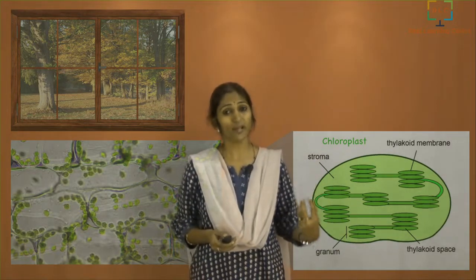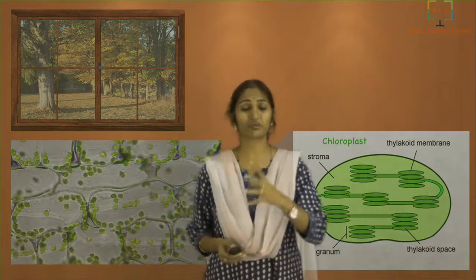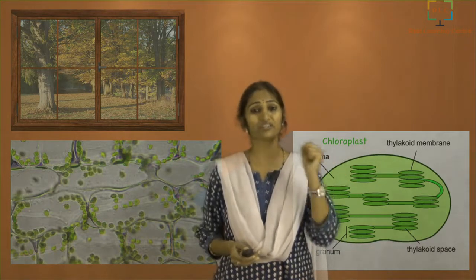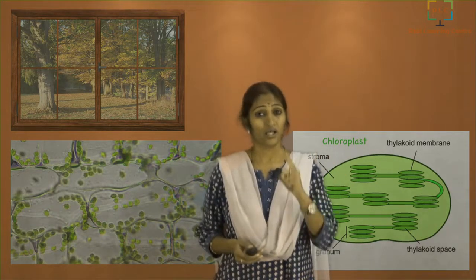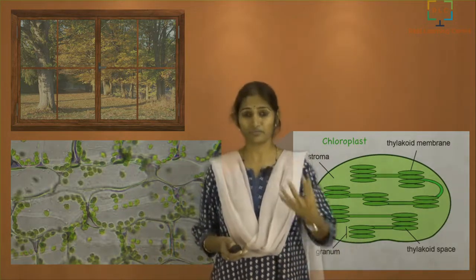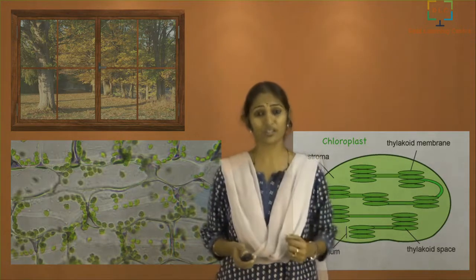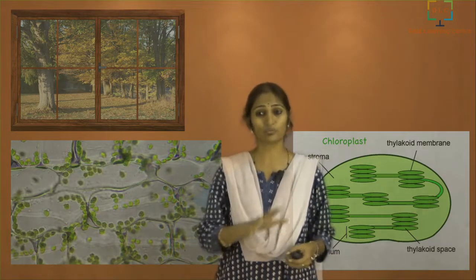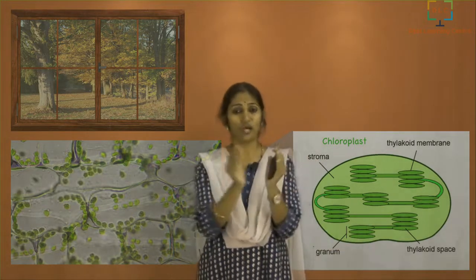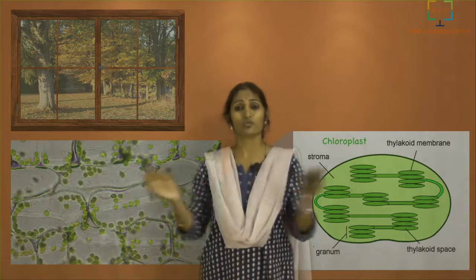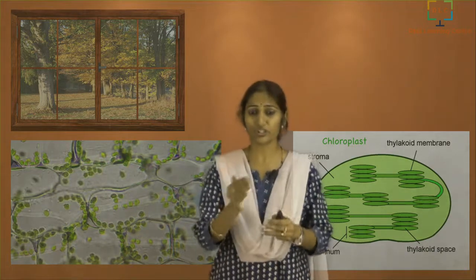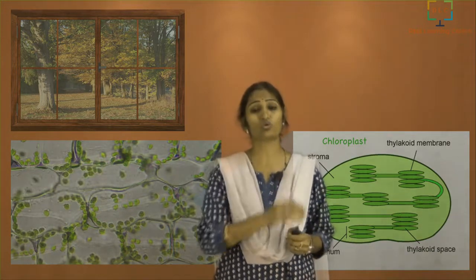So the stomata takes in carbon dioxide from the atmosphere into the leaf, and this carbon dioxide enters into the chloroplast, and the vascular bundles which are there in the leaf are actually taking water from the soil and giving it to the leaf, and inside the chloroplast, inside the stroma to be very specific, we see that the carbon dioxide and the water combine together. When they combine together, you see that a complex molecule like glucose is formed.